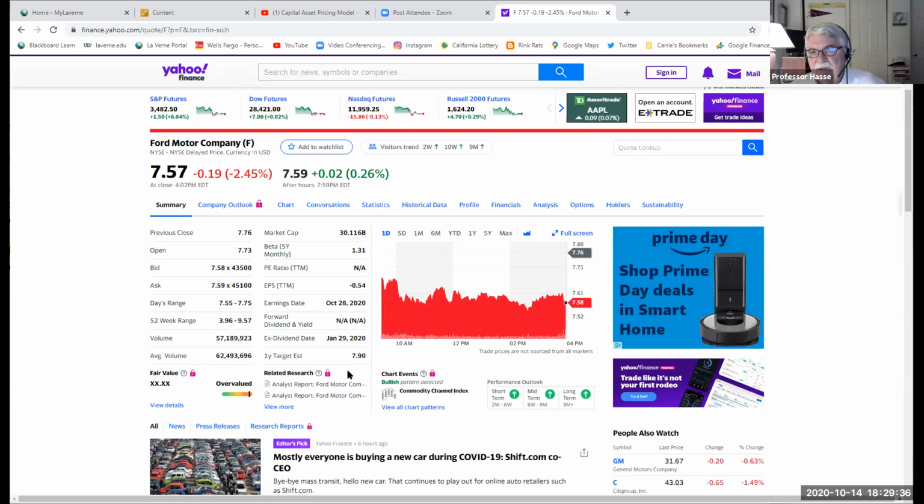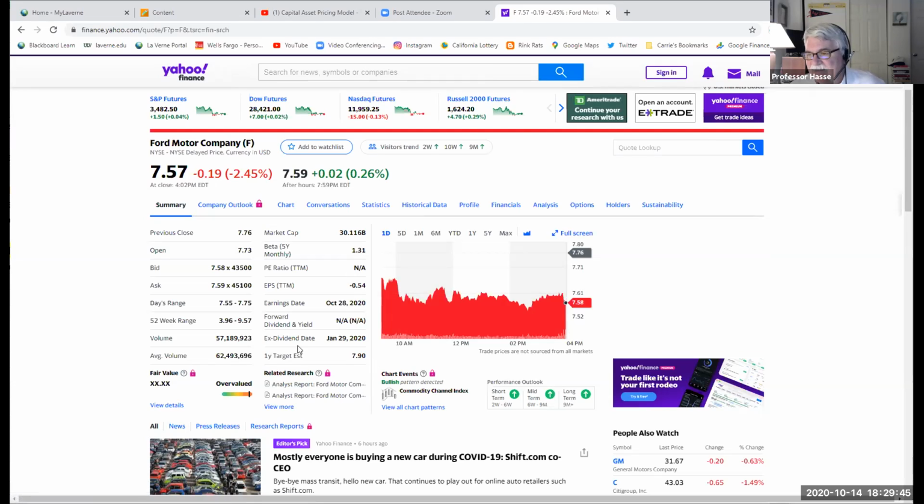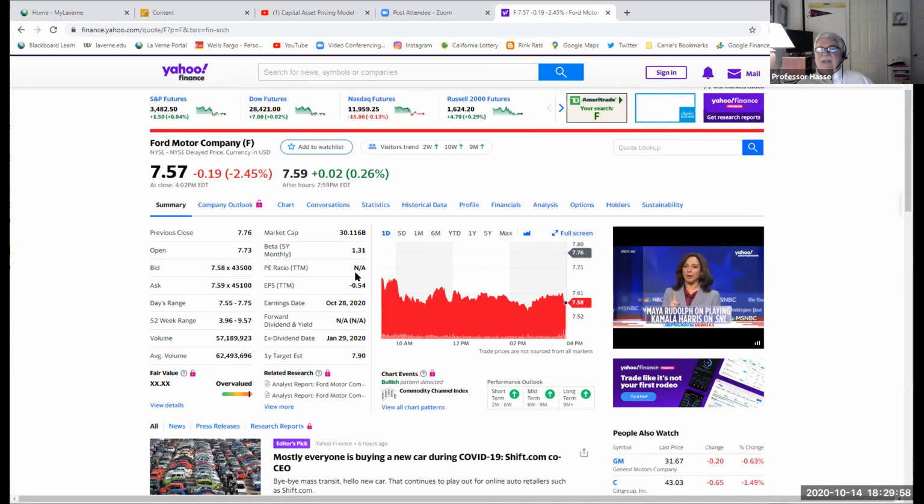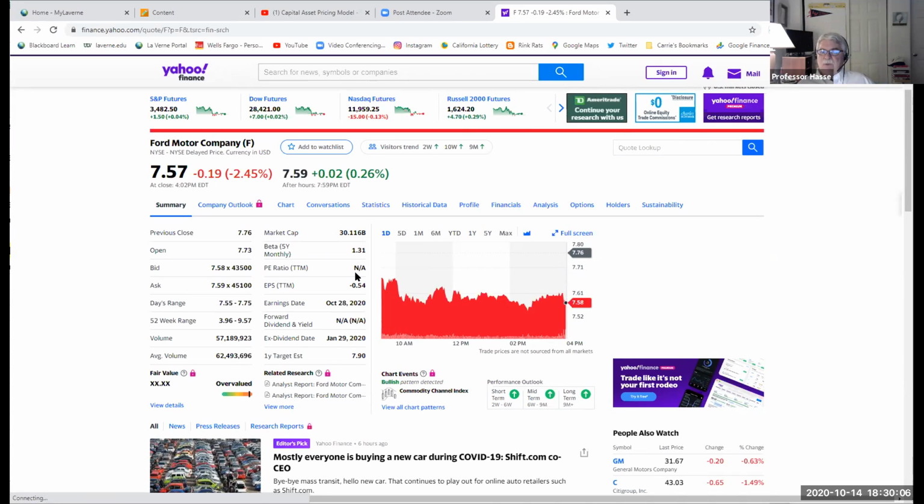The capital asset pricing model, the risk and return concept, and how you measure that systematic risk, as the professor just said in the video that kind of mirrored what I was saying, maybe a little bit better. The beta is 1.31. And again, this is a statistical standard deviation regression analysis comparing Ford's return over the last 5 years to the market.